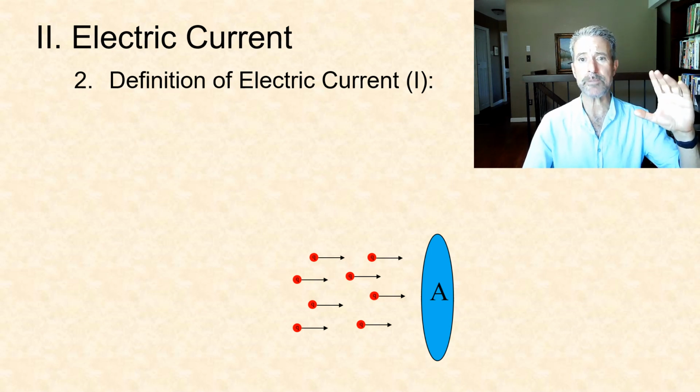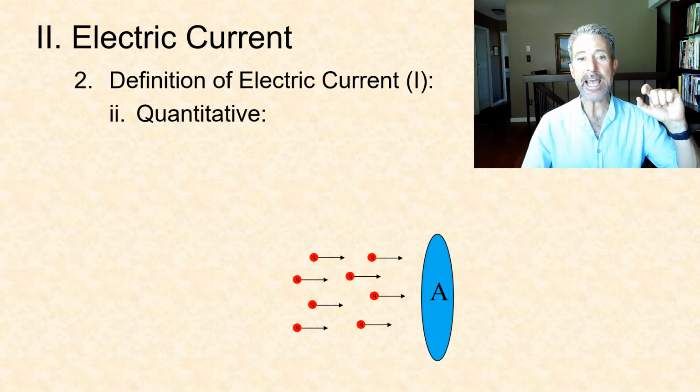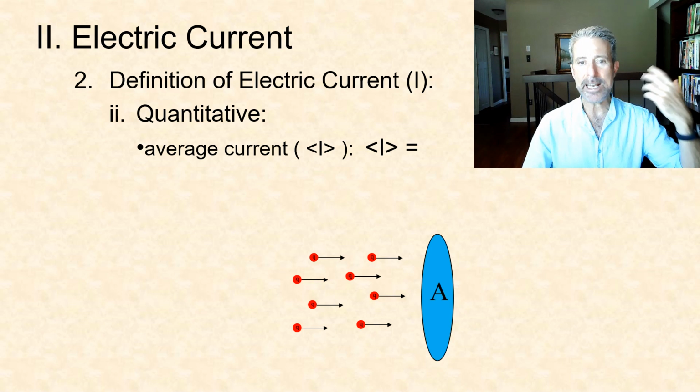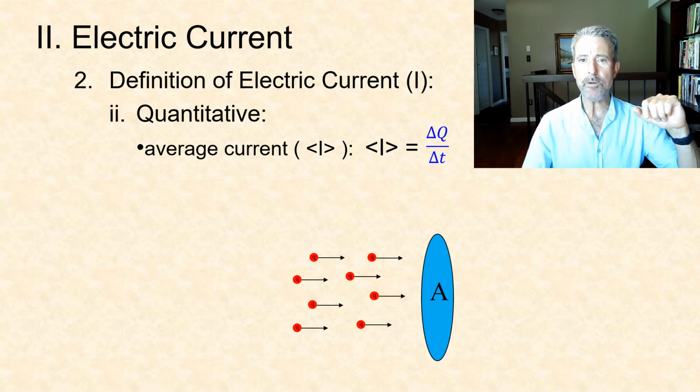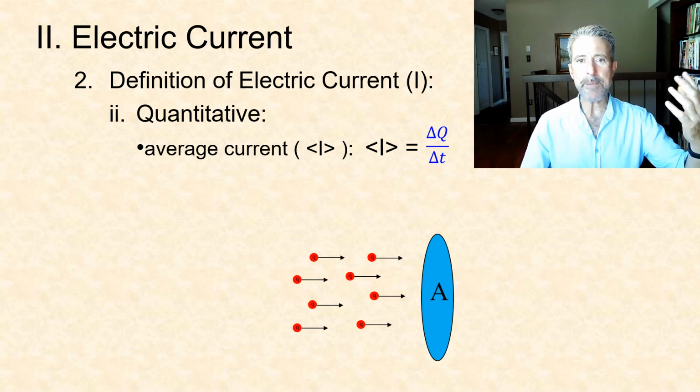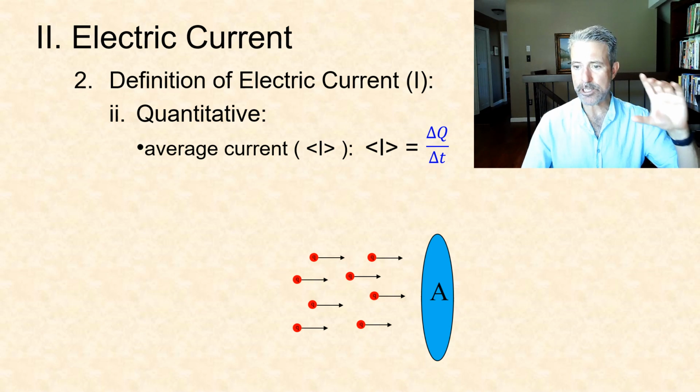So in a similar fashion, we would expect that if electric current is the rate at which charge flows past a given cross-section, we would expect to calculate the average current as a measure of the amount of charge flowing past that given cross-section, delta Q, divided by the time it takes for that charge to flow past the cross-section, delta T. Now, notice that when speaking of average current, we're talking about the amount of charge flowing past a given cross-section per time interval.